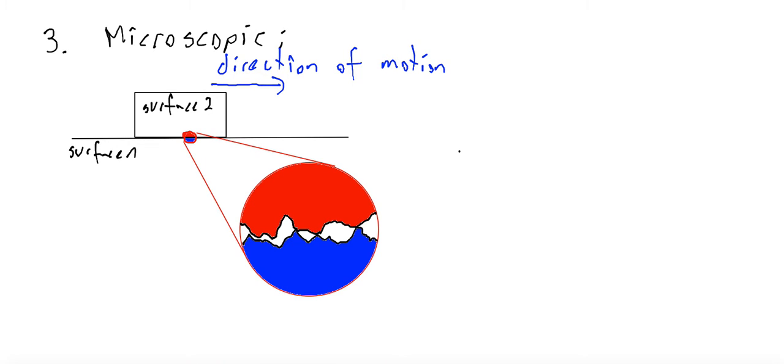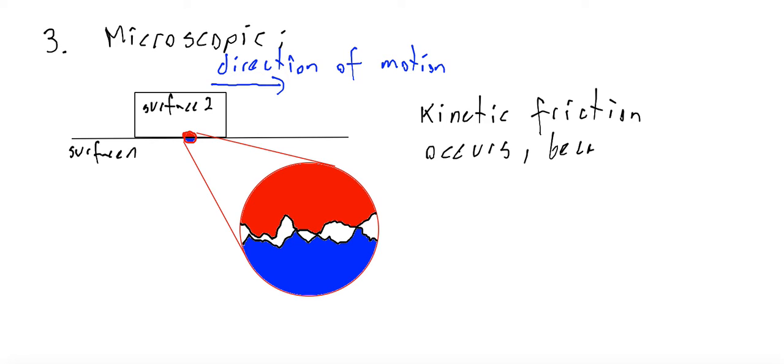Okay, so right here, something like this. Kinetic friction occurs because surfaces are not perfectly flat.